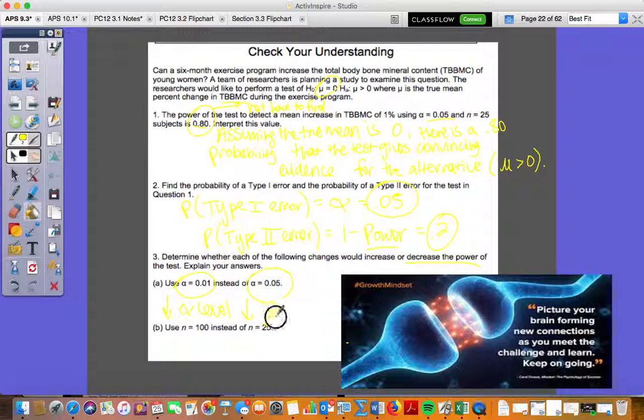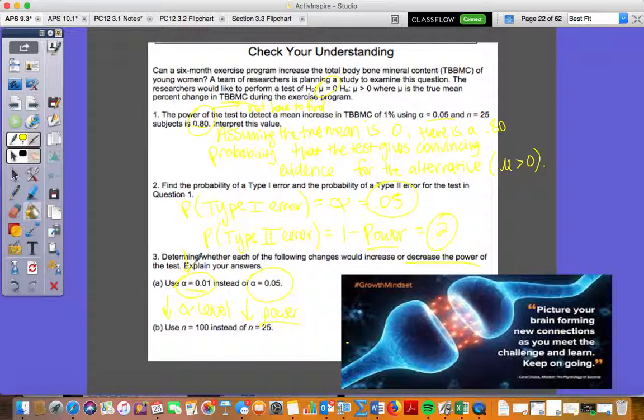Remember, what is power? It's the probability of finding convincing evidence against the null or for the alternative, right? Same thing. So if I decrease the alpha level, is that going to be harder to find something statistically significant? Yes. So therefore, my power would decrease. Does that make sense? That's kind of what we're looking for.